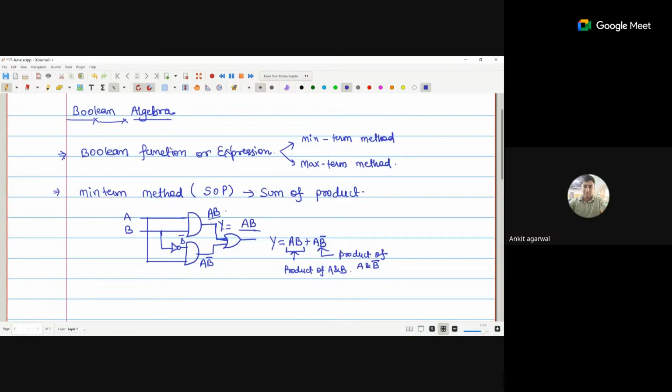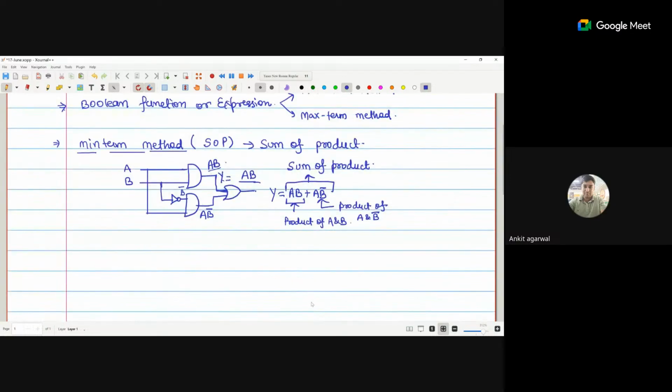Now these two product terms are combined by a sum, so it is called sum of product. Basically, when two or more product terms are available and we combine them by summation, it is called the sum of product. So it is defined as a min term as well as the sum of product term.